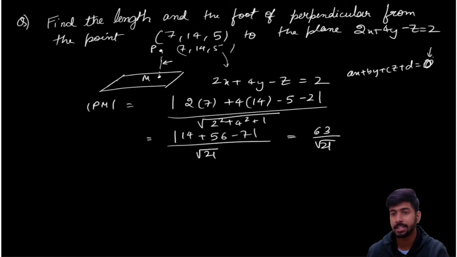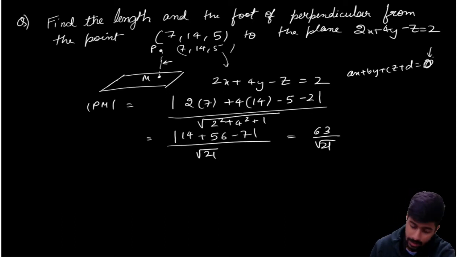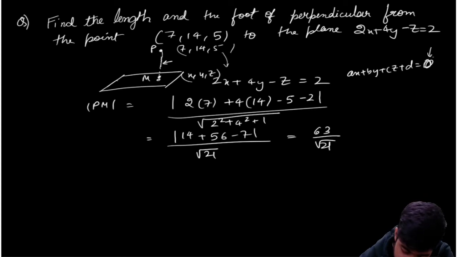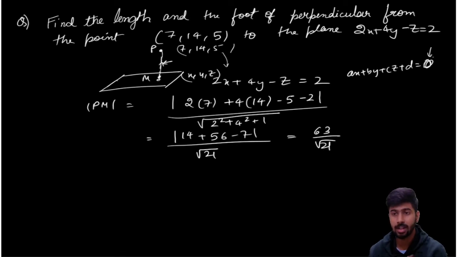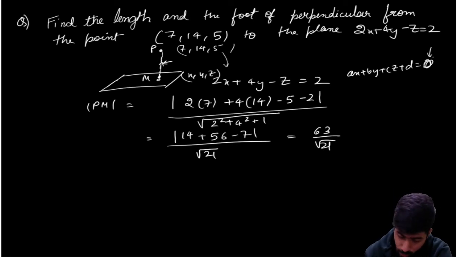So very simple again. Let this point have the coordinates x comma y comma z. Now write the equation of the straight line MP. How do you write the equation of a 3-dimensional line? Difference of x coordinates, x minus 7, divided by a unit vector or DRs of this line, right? What are the DRs of this line?